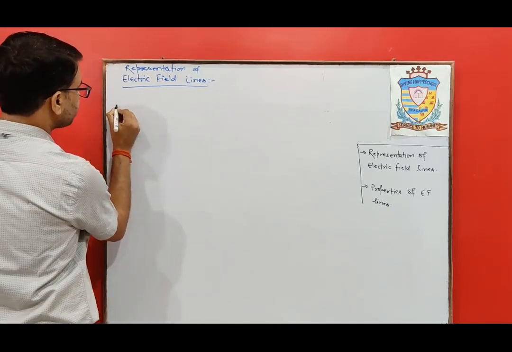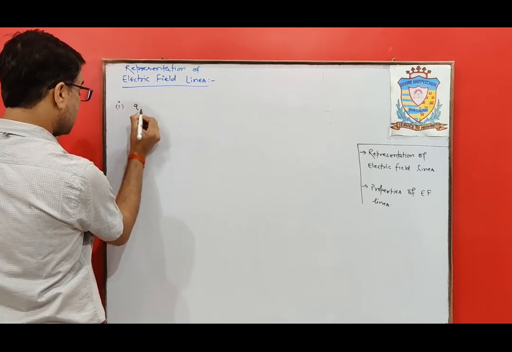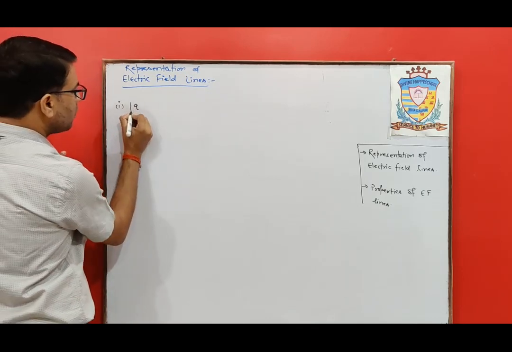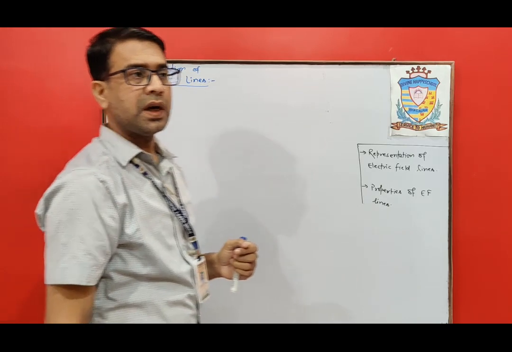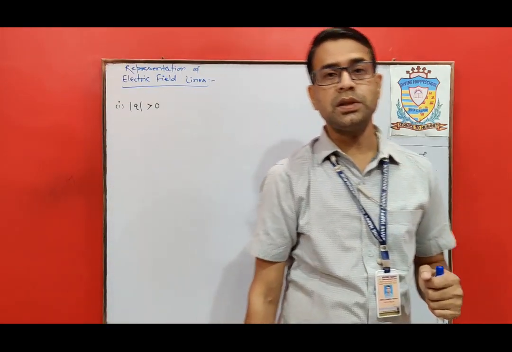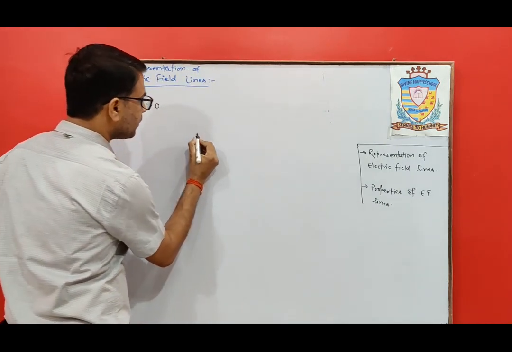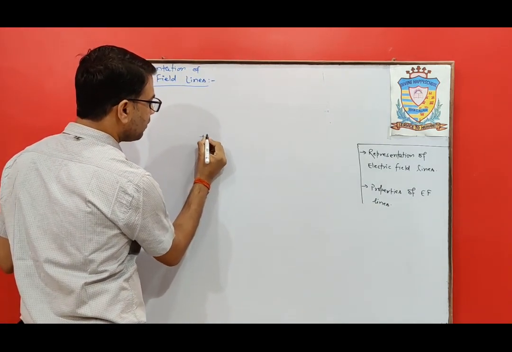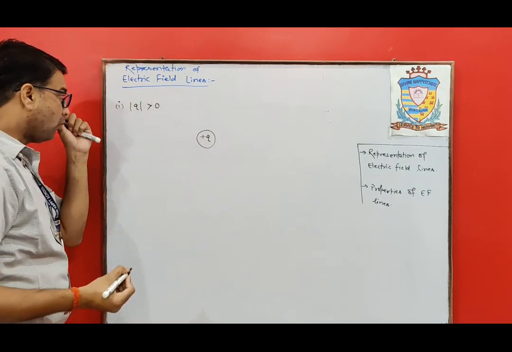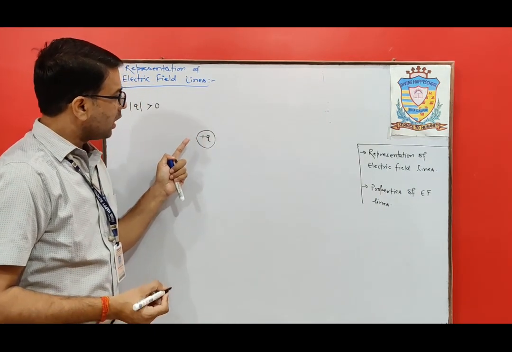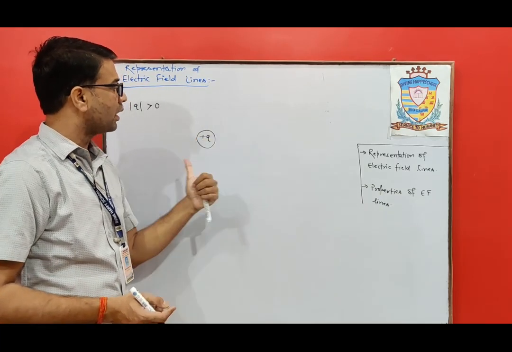First case, when charge Q is greater than 0. Q greater than 0 means our charge is positive. Suppose here we have a positive charge plus Q. So how will you find whether the electric field lines will move outward or inward?